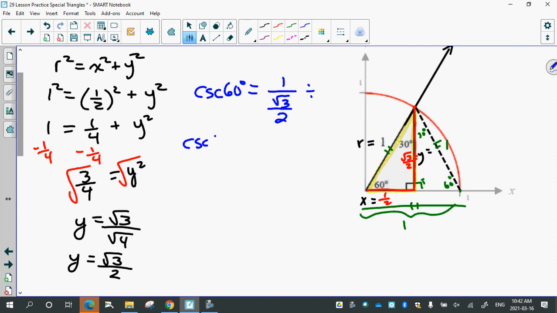So the cosecant of 60 degrees would be 1 times 2 over root 3, multiplied by the reciprocal. And the cosecant of 60 degrees would be 2 over root 3. That's the exact value. Okay?